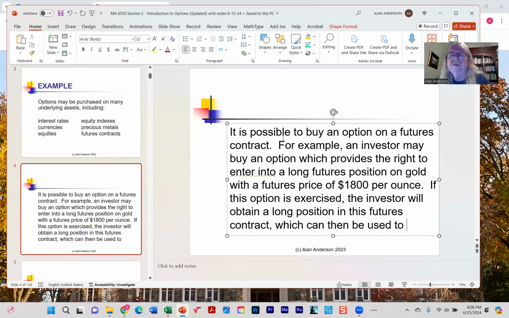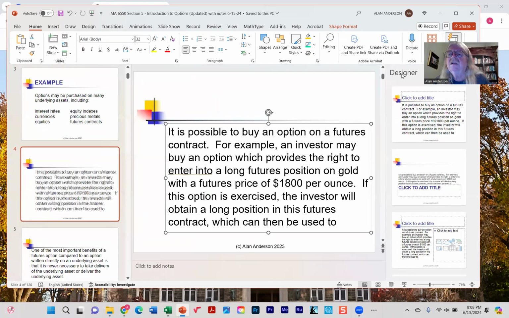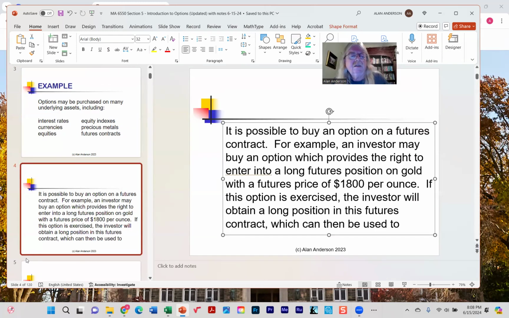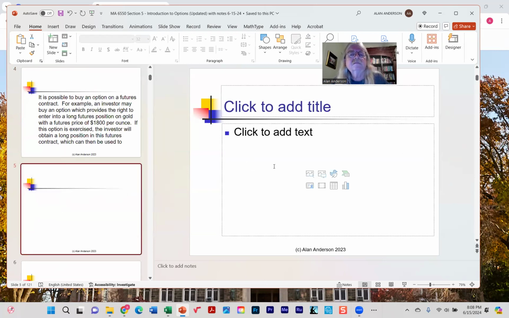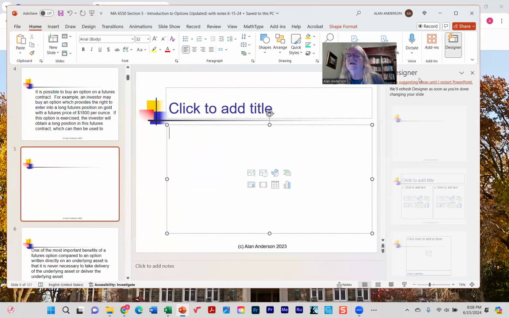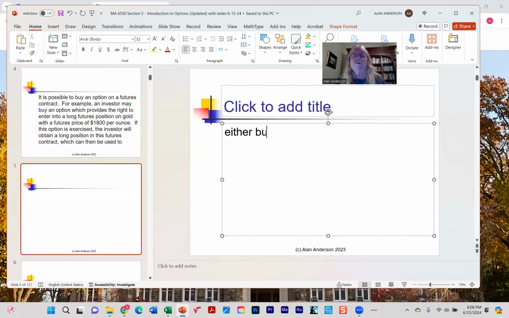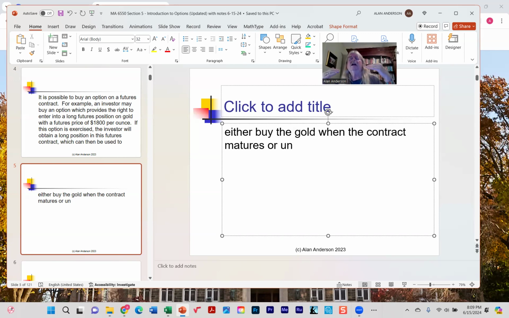You can either buy the gold when the contract matures, or unwind the position, as we saw in the previous section, that it's possible to get out of a futures contract, not exactly get out of it, but offset it by taking the opposite position in the same contract.